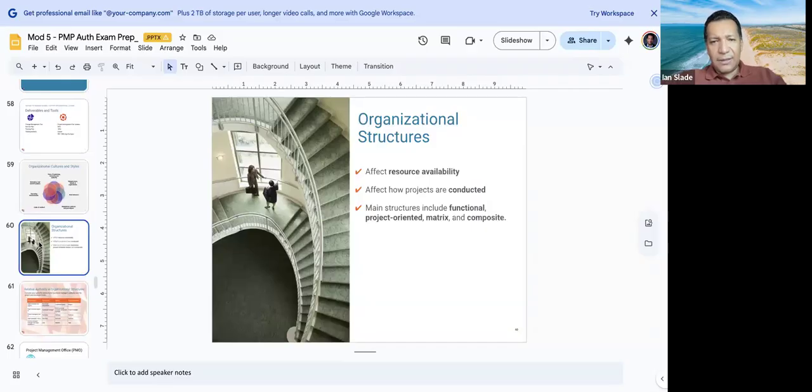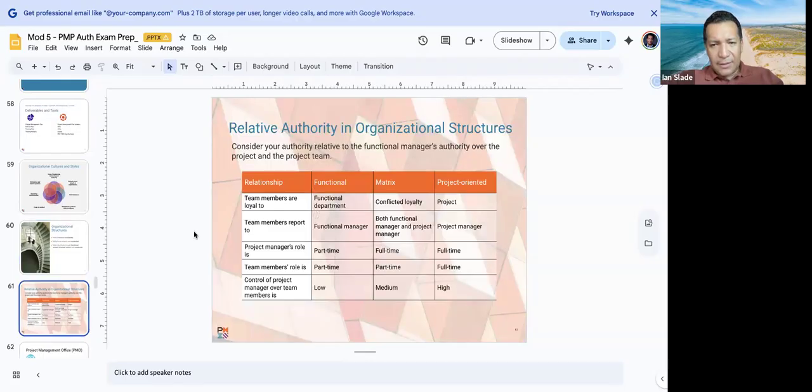Organizational structures. So for the test, you need to be able to understand the difference between functional, project-oriented, matrix, and composite. And here's a chart here. So this is something that you need to be familiar with for the test. So functional, matrix, and project-oriented.